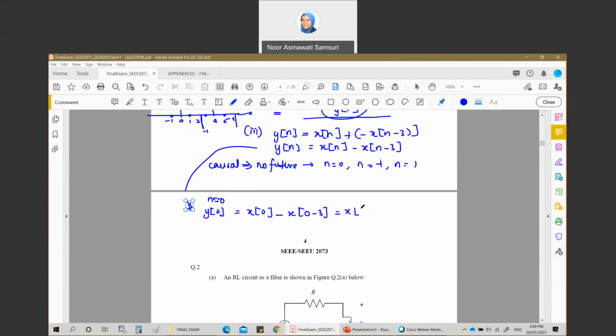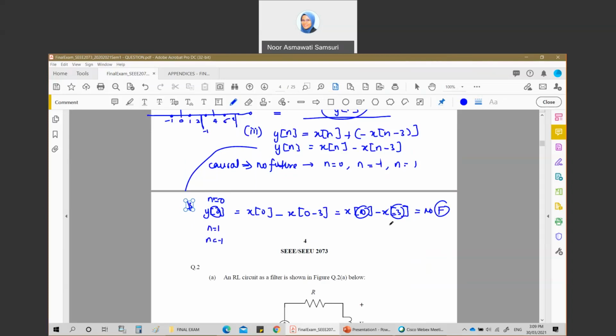So x0 minus x of minus 3. The current state is 0. Do you have any future state? You have 0, same state. Minus 3 is previous state, so no future. So it's causal. Then test with n equal to 1 and n equal to -1.